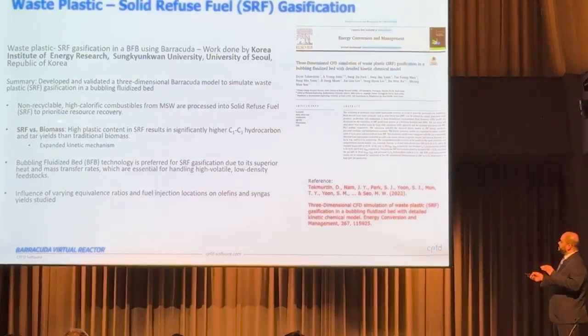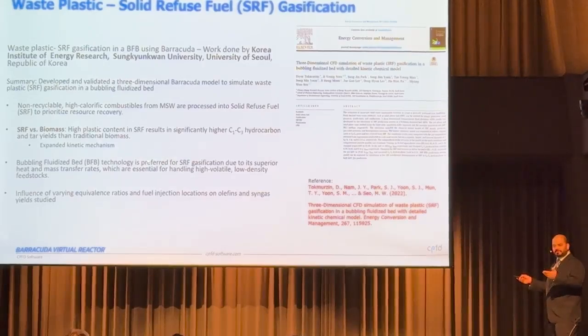The key difference the authors point out between this SRF and biomass is that the high plastic content in SRF results in significant C1 to C3 hydrocarbon molecules in the system. They also produce more tar than traditional biomass. As I will show with the kinetics on the second slide, there are many similarities with any kind of gasification, whether it's coal gasification or, as Peter is pointing out, biomass gasification.